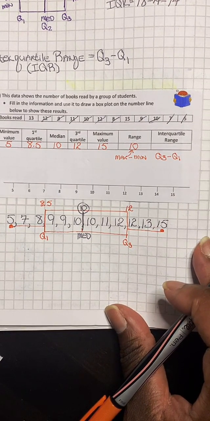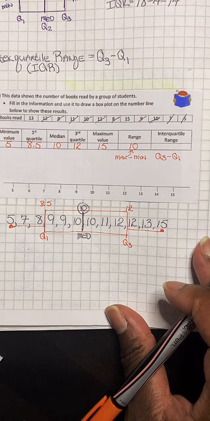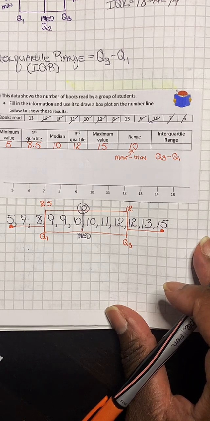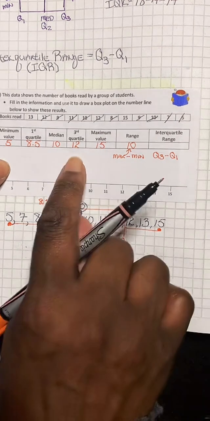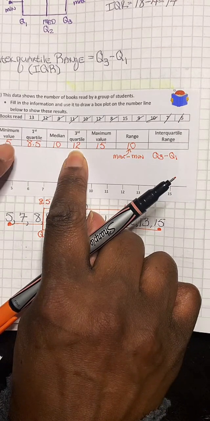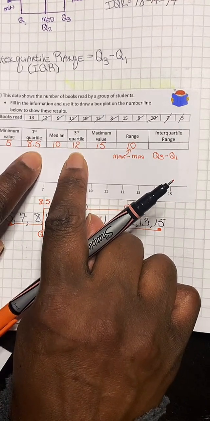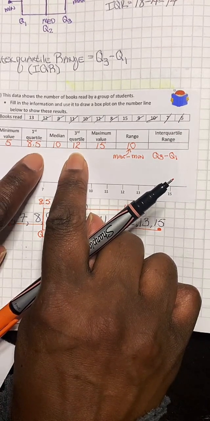Okay, 3.5, 3.5, 3.5, 3.5. Someone says 7, because we're not adding them, we're subtracting them. And make sure you're not doing the third quartile and the minimum. It's the third quartile and the first quartile.